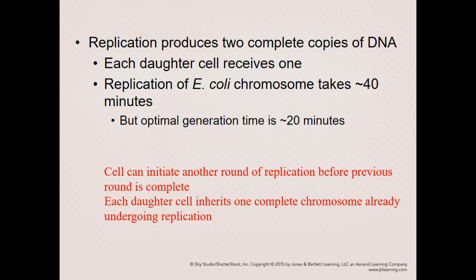The chromosomes have to be able to move into each cell, so that we have 2 identical daughter cells. Well, the answer comes in how replication occurs. As DNA is being replicated, before the initial round of replication of the DNA ends, new replication starts on the new cell. So replication is going that fast.